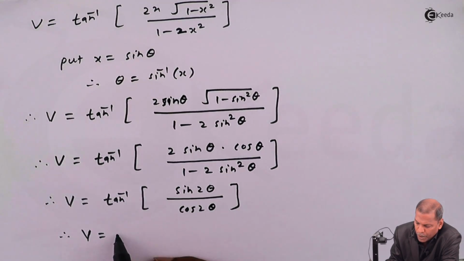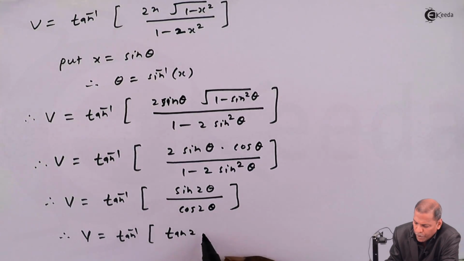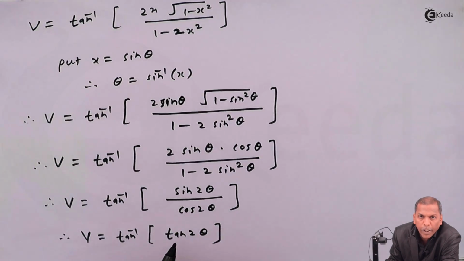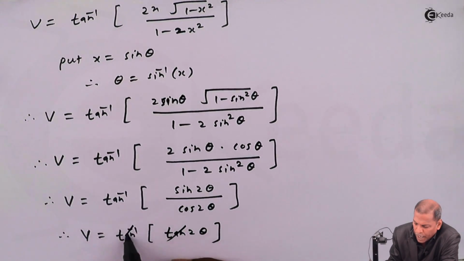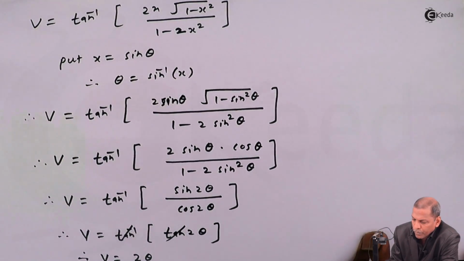Therefore, v is equal to tan inverse, now sin theta upon cos theta, so here we get tan of 2 theta. Cancelling tan and tan inverse, so we have v is equal to 2 theta.